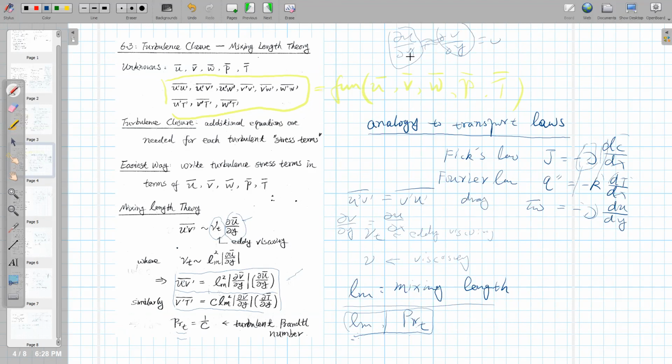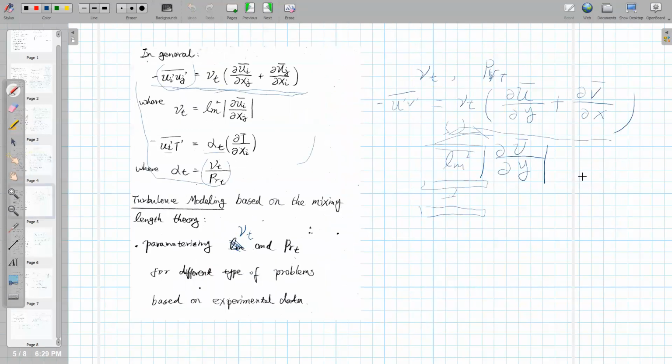So sometimes you see partial u partial x, but they directly change it to partial v partial y. That's part of the reason you see sometimes partial v partial y, sometimes partial u partial x here. But this tensor form is a more general form that works for all cases, even 3D cases. All right, any more questions?